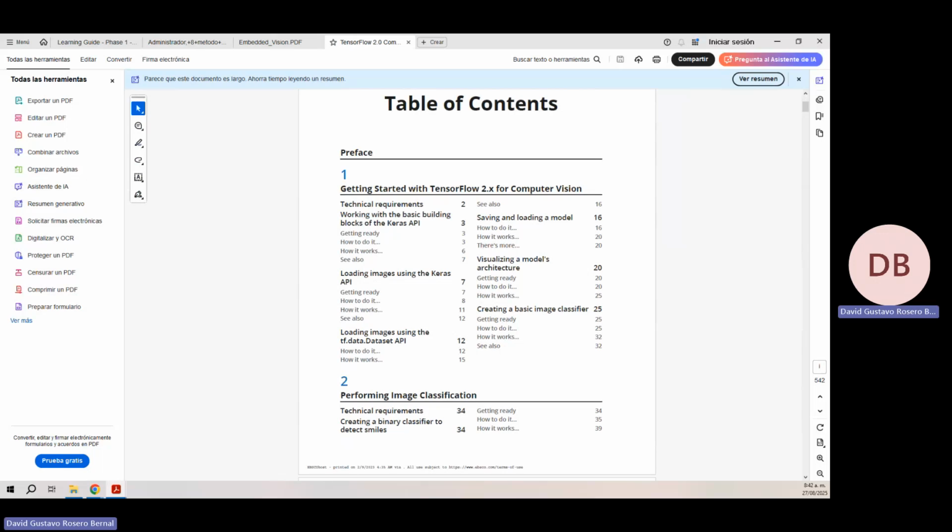The book is organized around recipes, short problem-focused implementations with ready-to-use code. Each recipe addresses a common computer vision challenge, making it highly practical for engineers and researchers.